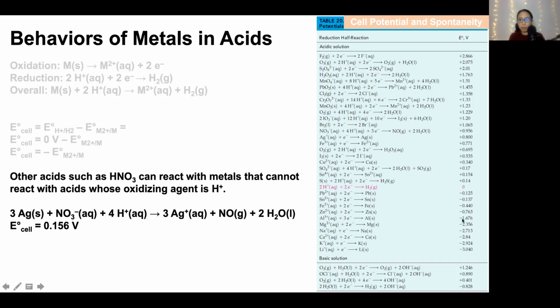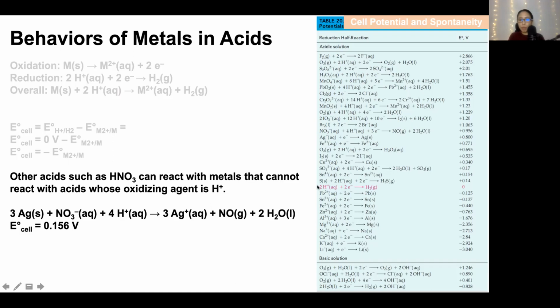Oh, it's actually the reverse, class. Let's go back. Solid aluminum in a solution of lead 2 ions. So can aluminum replace or displace lead 2 ions in solution?